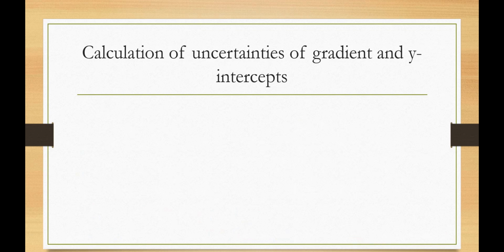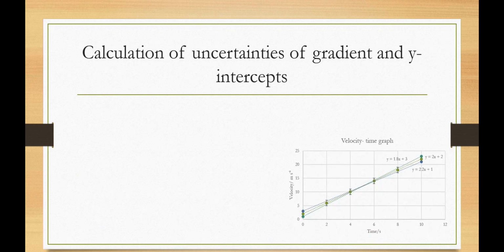Now, when we look into our experiments, graphical analysis is of paramount importance. So, how to work on calculation of uncertainties of gradient and y-intercept of linear graphs. Velocity time graph is shown here.